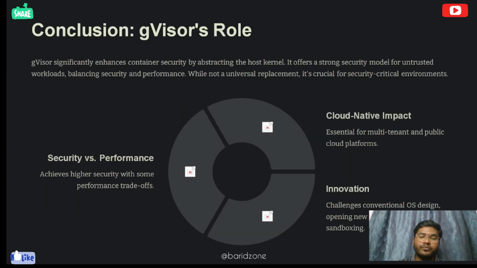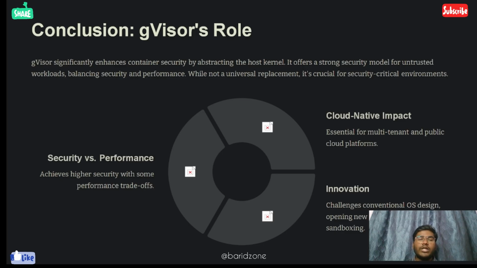So, conclusion: gVisor's role. To conclude, gVisor plays a crucial role in enhancing container security. It introduces a secure sandbox layer between the application and the host kernel. It protects cloud infrastructure from container escape attacks.